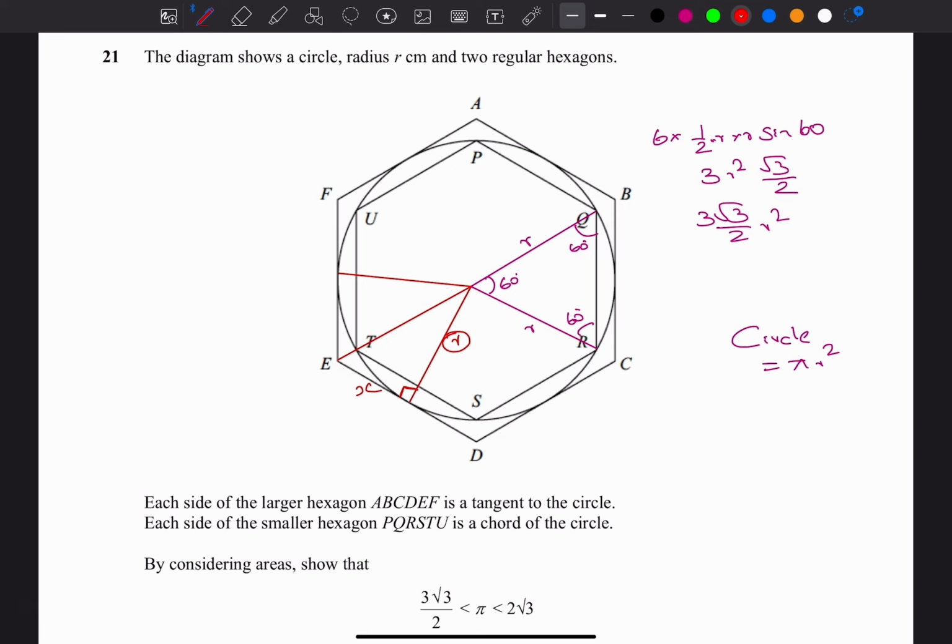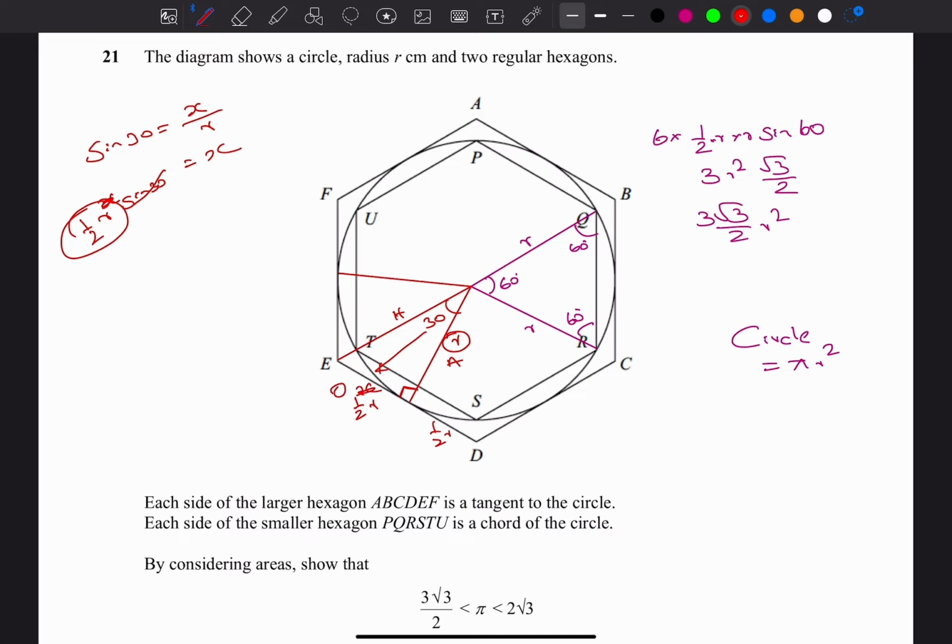This angle is 30. So that's the hypotenuse, that's opposite, and that's adjacent. So sine 30 equals O over h. O is x, h is r. So x is r times sine 30. You know that sine 30 is a half, so it's a half r. If that's a half r, this is a half r, so the whole thing is 1 r.